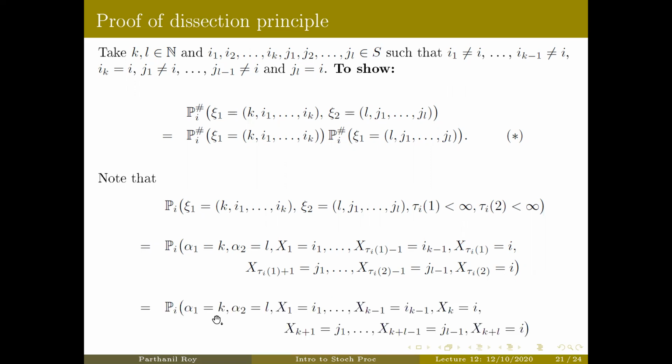And moreover, alpha 1 equal to k and alpha 2 equal to L would imply that wherever I see tau I1, I'll put k, and wherever I see tau I2, I'll put k plus L. So this is just putting the values.